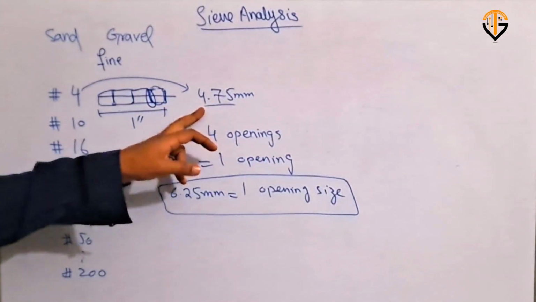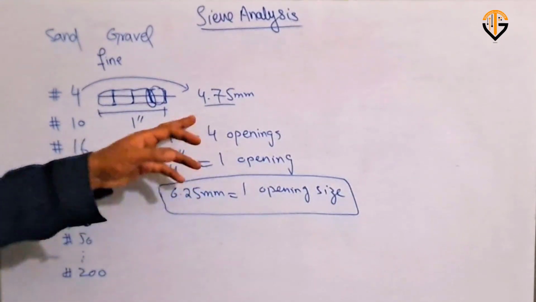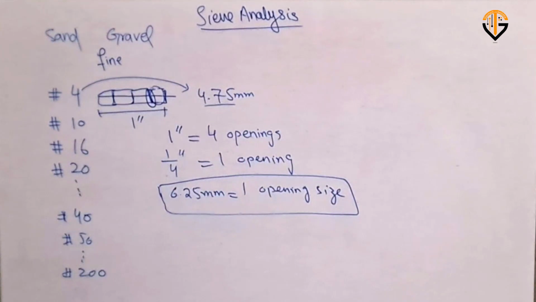Now, as I defined gravel in our previous video, the particles that have size greater than 4.75 mm are known as gravels.